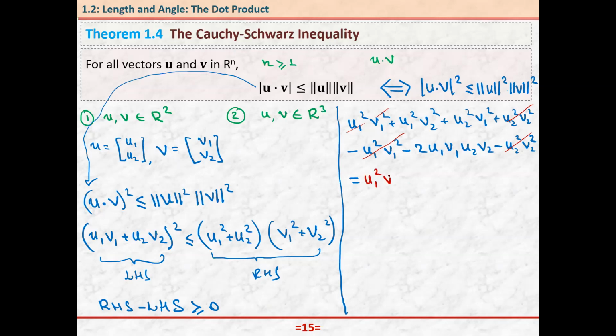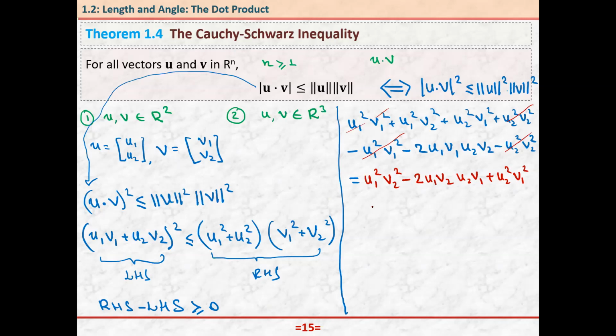We have u1 squared v2 squared, minus 2 times u1 v2 times u2 v1, plus u2 squared v1 squared.